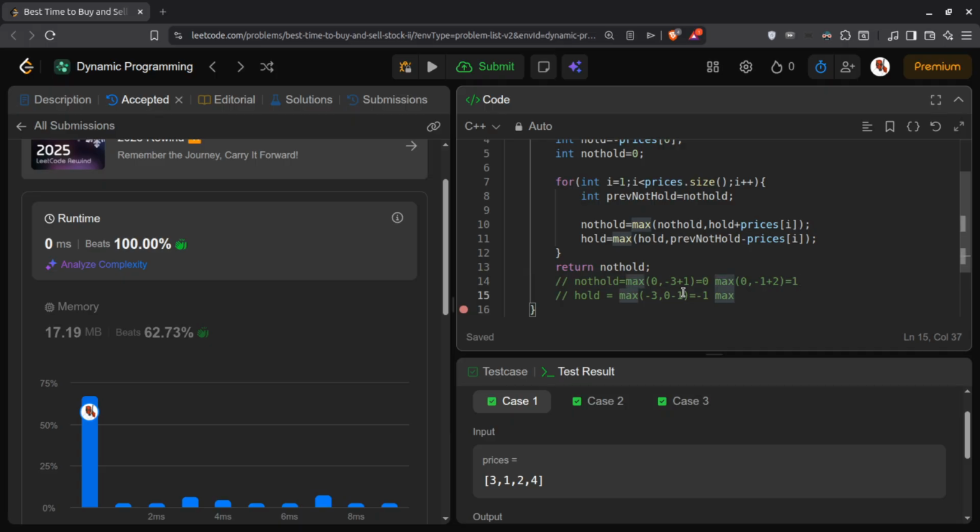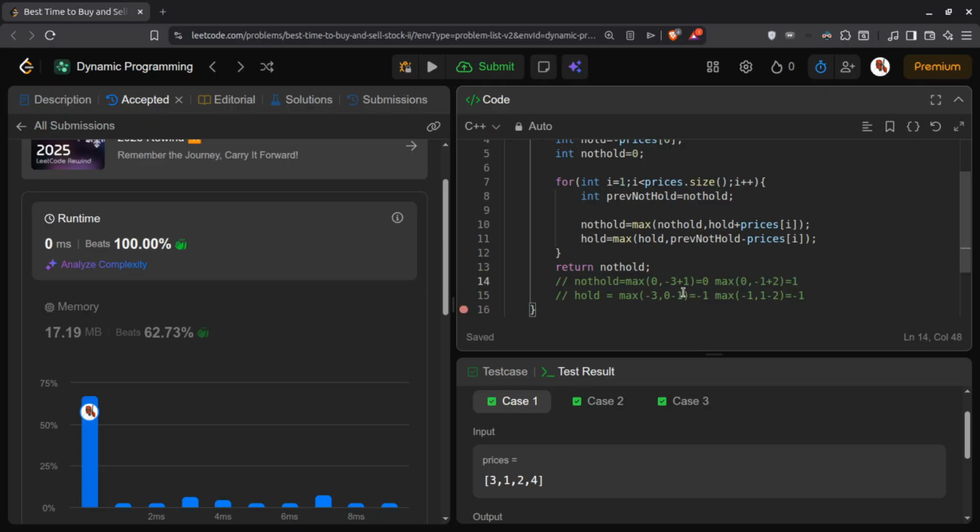Okay, so the notHold value is 1. Then for hold, hold is minus 1 currently. Previous notHold is 1, minus prices at the day, obviously 2, so its value will be minus 1.